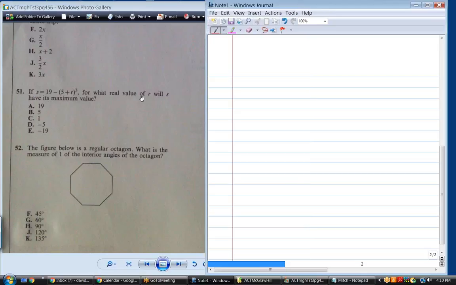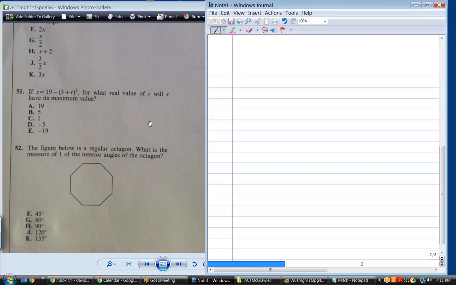For what real value of R will S have its maximum value? Just look at it for a second. Try to reason it out.